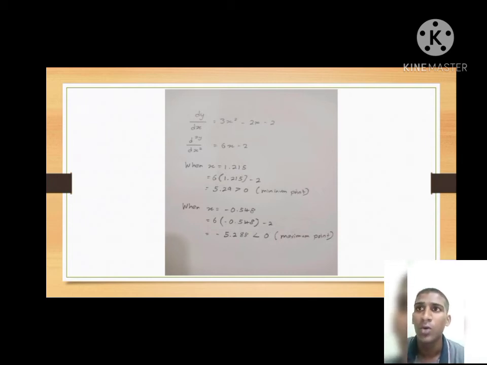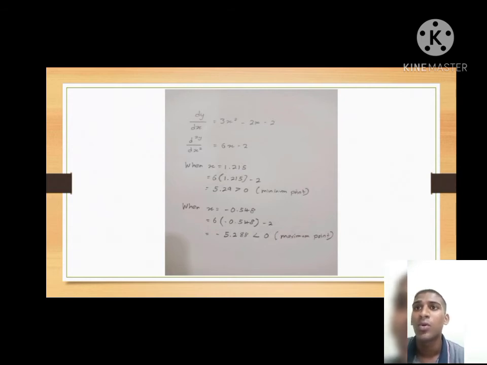Now we just find the minimum point and the maximum point. As Darvin found, there are two x values: the first x is 1.215 and the other is negative 0.548. We do it one by one.